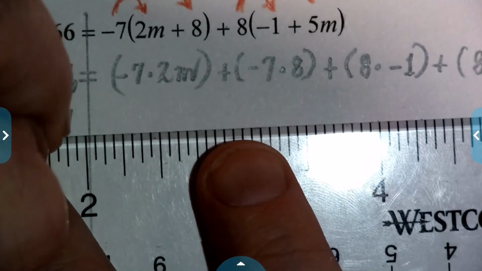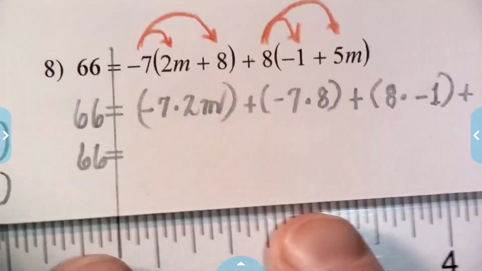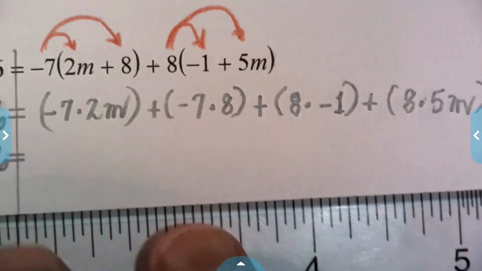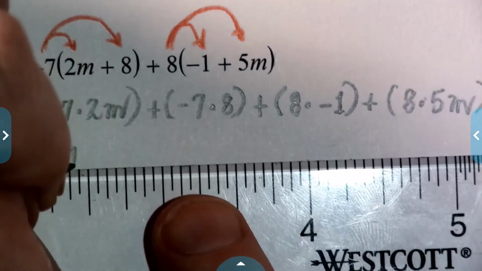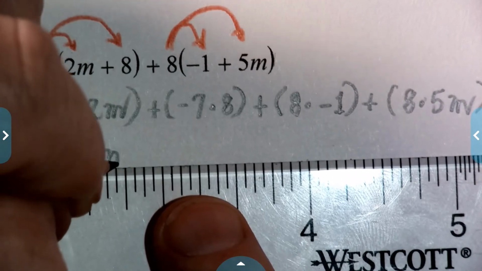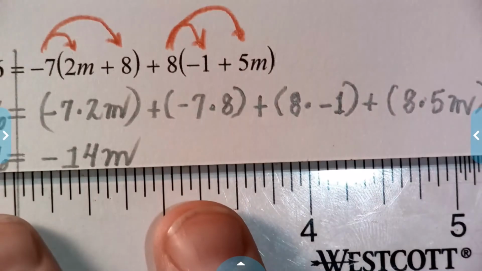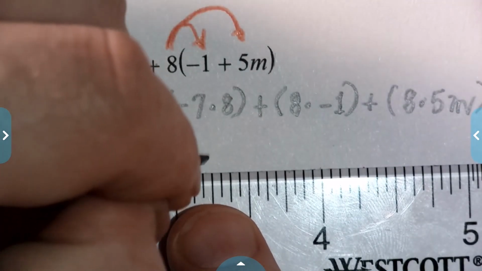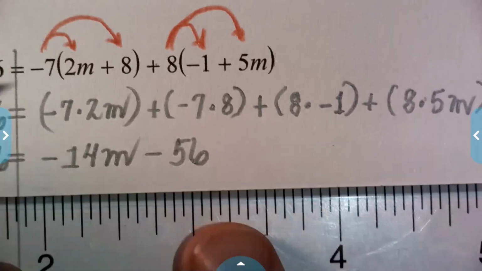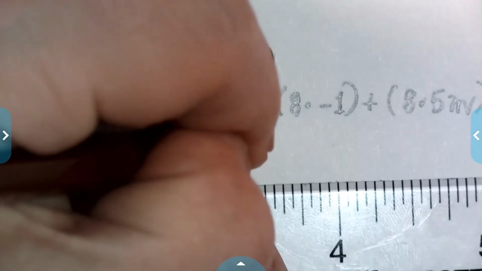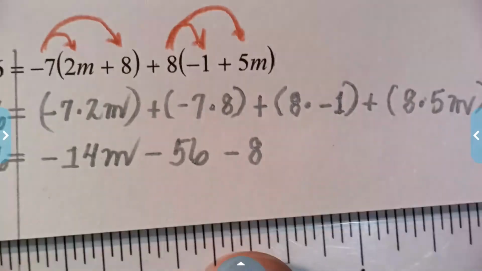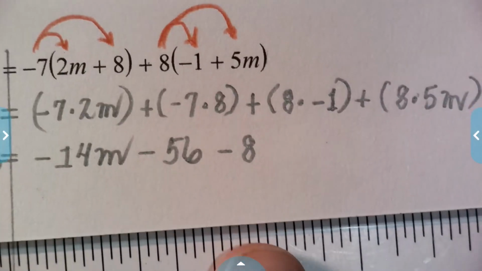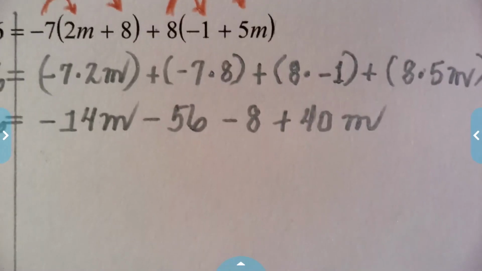Okay, so we got 66 equals negative 7 times 2m is negative 14m. Negative 7 times 8 is minus 56. 8 times negative 1 is minus 8. And then 8 times 5m is plus 40m. Well, pardon me.